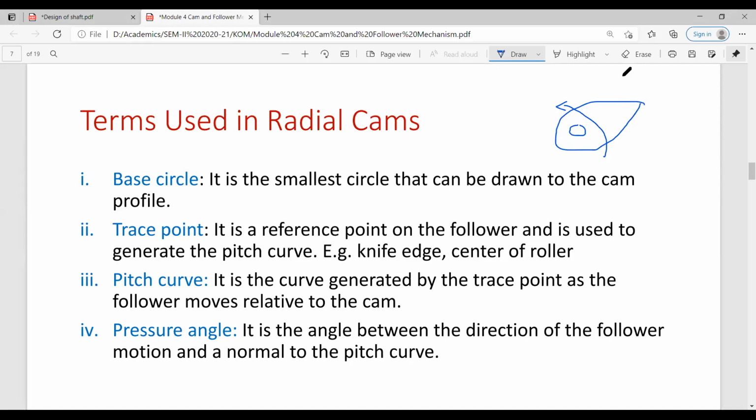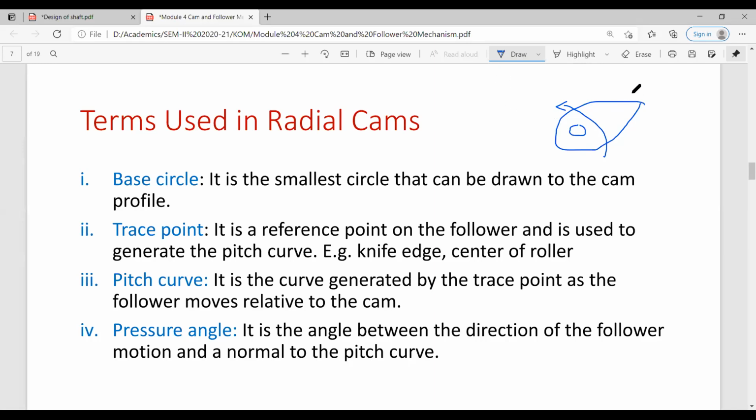It is very important to design this cam surface because based on its geometry, the follower will have a particular type of motion, and you can control the motion of the follower, like its magnitude also, how long it can travel, how high it can go.